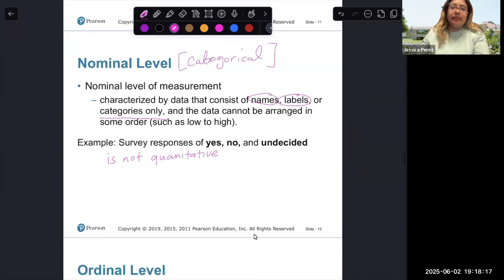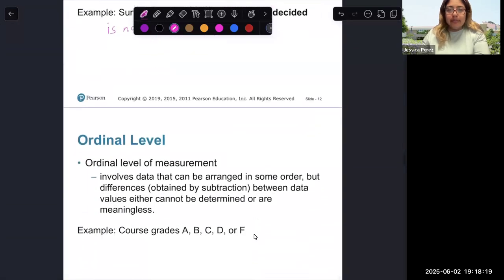Ordinal level involves data, and this is key, that can be arranged in some order, but the differences between data could be meaningless. We know that course grades, A comes before B, before C, before D, before F. This ordinal level has order. It's in the name. So an ordinal level has order. It can be arranged in some order.